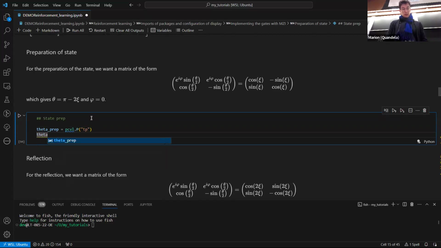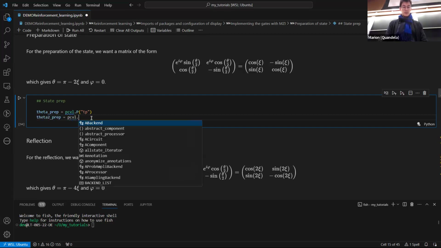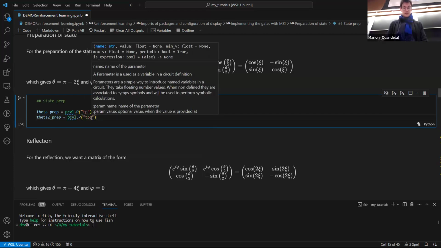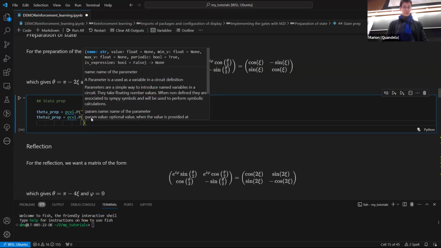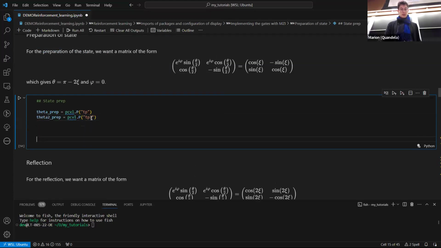And then because of this, I also need to define another theta 2, because theta 2 is always a function of theta. Then I have my triangles.